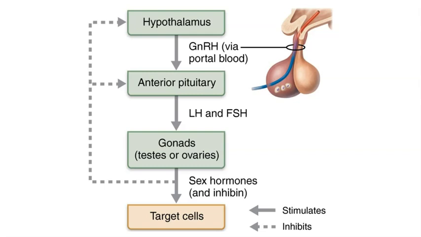And it's those follicle clusters that produce and ovulate the ova or produce the sperm cells. So ultimately, it is the hypothalamus that controls the anterior pituitary through the use of the hormone called gonadotropin-releasing hormone, or GnRH. And it's this hormone that stimulates the anterior pituitary to release those two hormones that we mentioned previously.